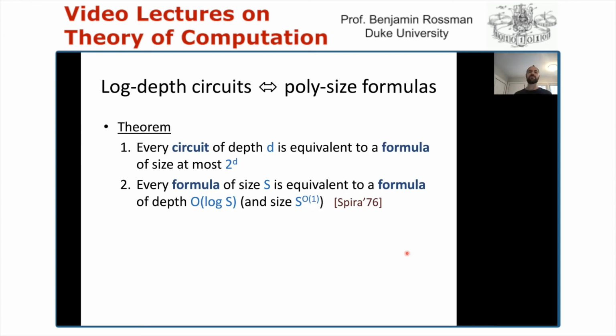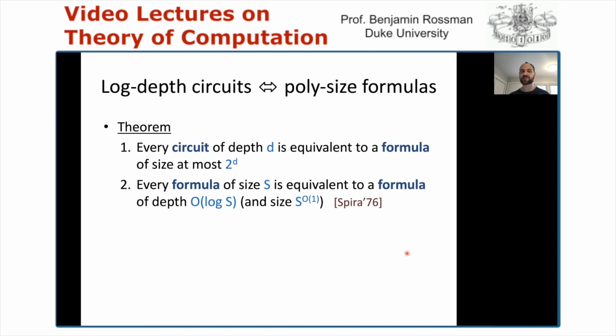So first, every circuit of depth d is equivalent to a formula of size at most 2 to the d. Okay, and we'll see the proof of this in a moment. And then the more interesting direction, every formula of size s is equivalent to a formula of depth order log s.